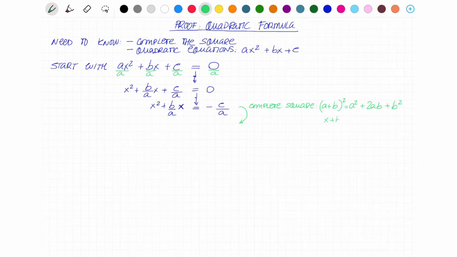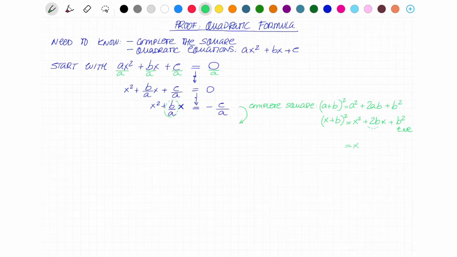If the first term of that binomial is an x, and the second is b, you're going to have x squared plus 2 times bx plus b squared. Now this b squared is a number, and it's going to be half of the 2b. In our case, half of this term here multiplying the x.